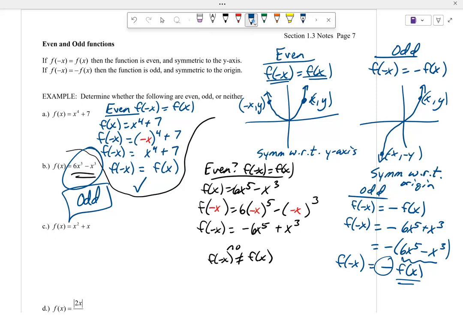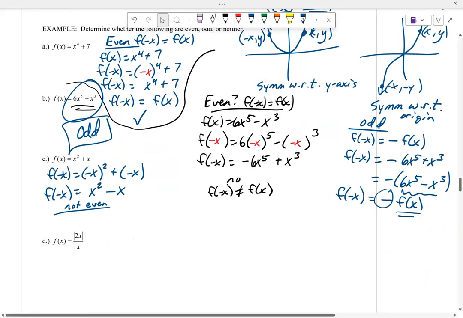So let's go ahead and test this next one. I plug in negative x for x. I simplify it. Okay, that's not my original. F of negative x is not f of x, so this is not even. Now the question is, when I plugged it in, let's take a negative out of this.